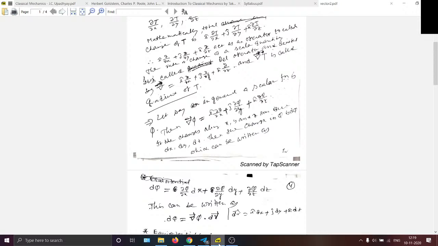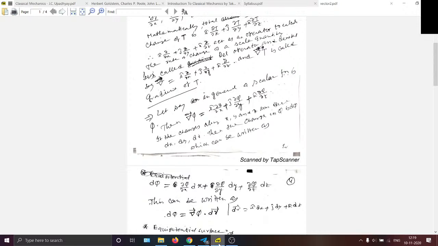This is the total rate of change in the scalar function phi. Now we want to find the actual change in phi if you displace by some amount, let's say dx, dy, and dz.